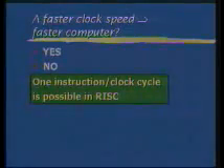The logic behind this technology is that they involve a concept called pipelining.